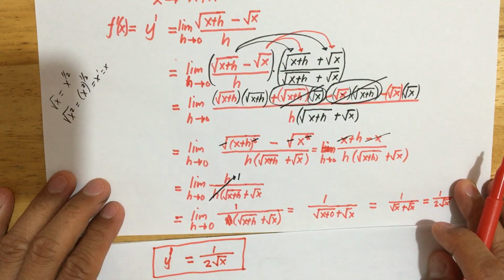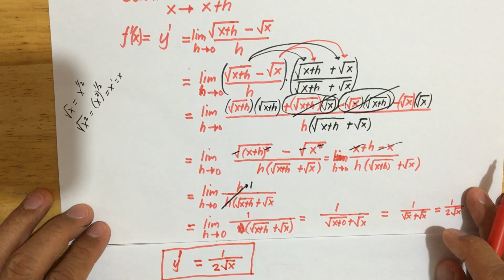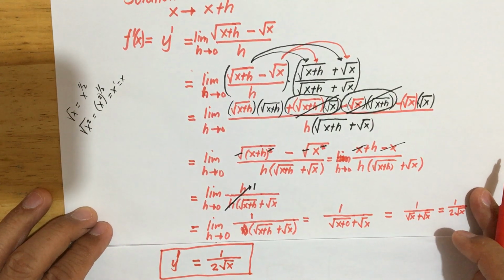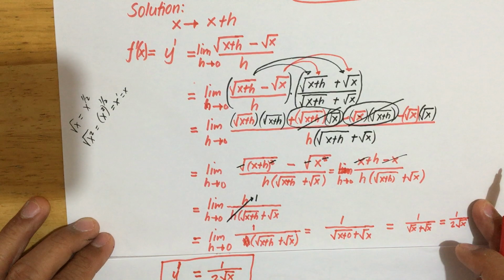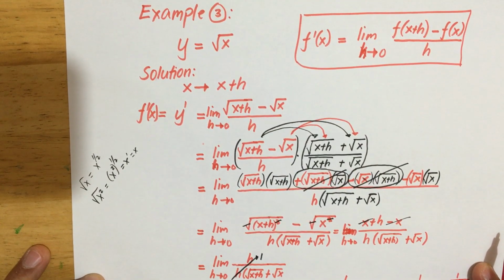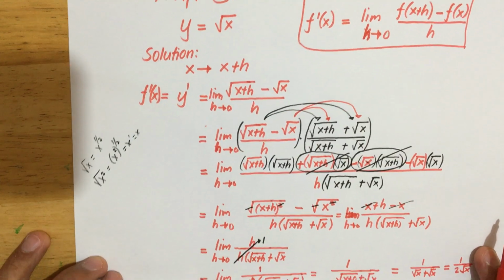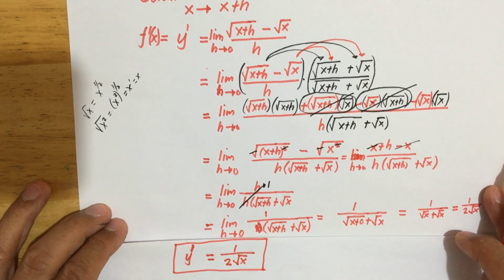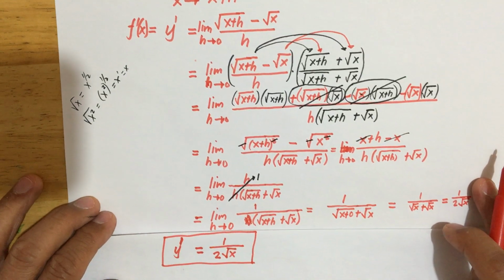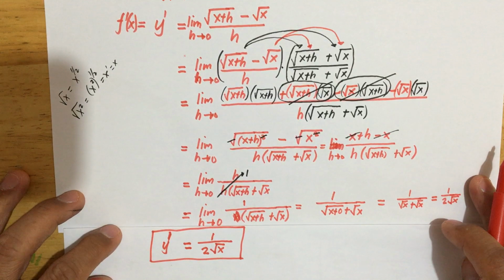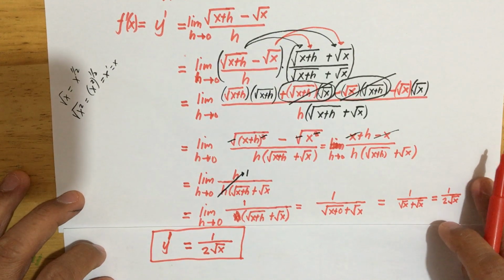Is the solution clear? So you are given here y equal to the square root of x, and you solve it by changing x to x plus h, and this is now the whole solution. I hope you understand this one.